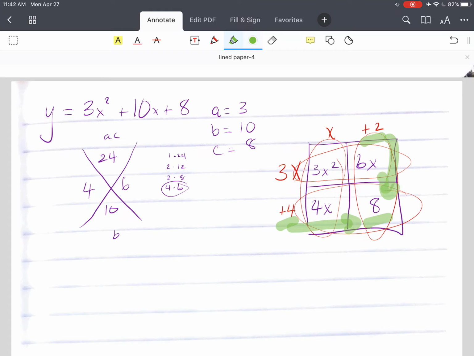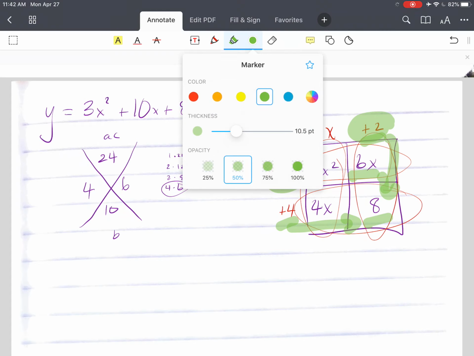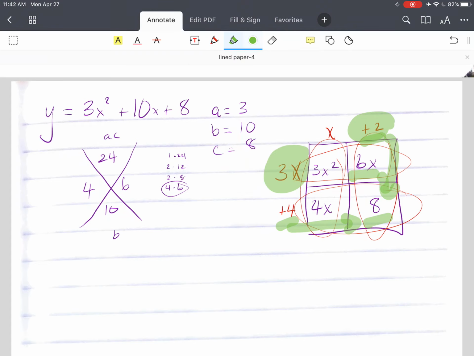Is that equal to 8? Yep. That equals 8. What about this one? 3x and 2. What's 3x times 2? Is that 6x? Yes, it is.